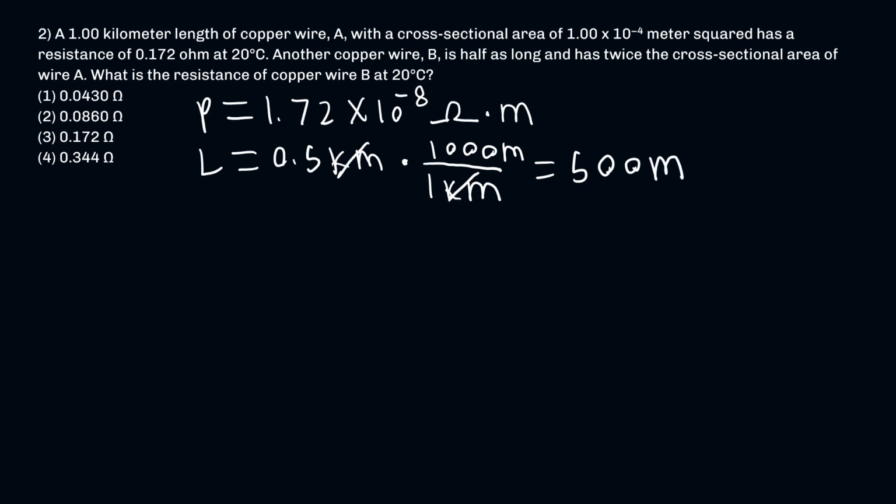All right, what else do we have here? We have that it has twice the cross-sectional area. Originally, it gives me a cross-sectional area of 1.0 times 10 to the negative 4th meters squared. So just multiply that by 2, and you will end up with your new cross-sectional area, which should be 2.0 times 10 to the negative 4th.